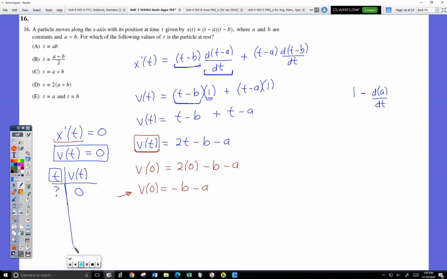Okay, so time would be 0 and velocity would be negative v minus a? Perfect. Is that the outcome we're looking for in this problem, Jonah? Well expressed.